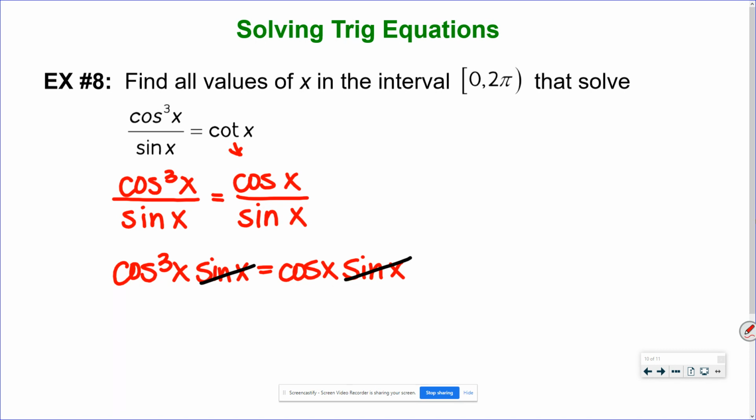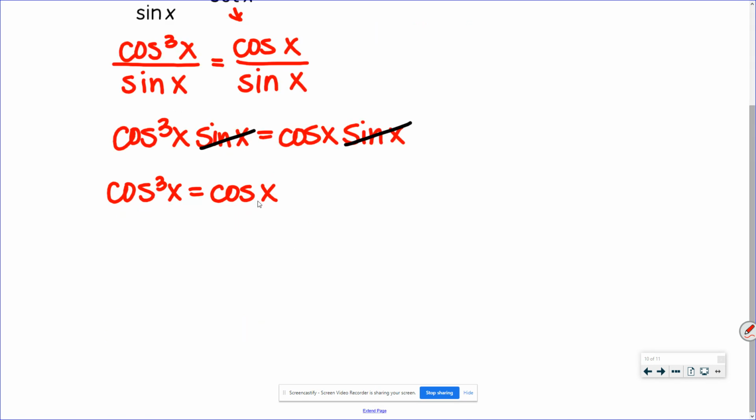And then what we can do is we can subtract. Actually, let me write this first. We can subtract the cos of x over and move that over to the other side with the other cosine, which is not a bad idea because they are both cosines. So this is going to create sort of like a factoring situation.